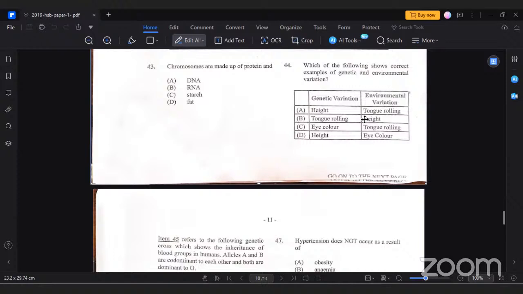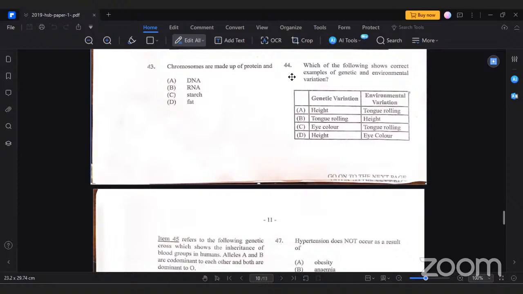Now we move on to 44. Which of the following shows a correct example of genetic and environmental variation? All right, so we look at A. Is your height genetic variation and tongue roll environmental variation?